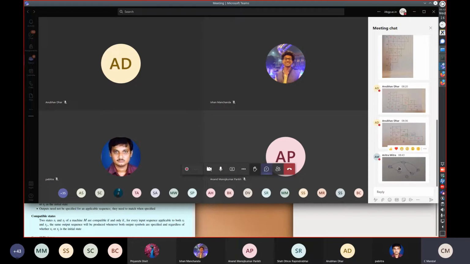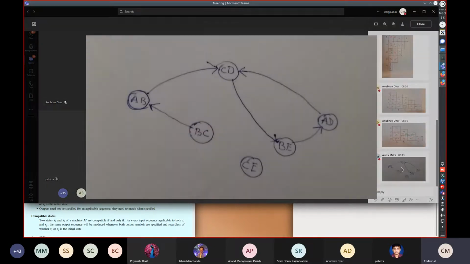Oh wait, okay, fine. Aritra, sorry. So Aritra has posted the compatibility graph of MF. All right, good. So now that you have posted it, you next need to identify a closed set of compatibles, okay?